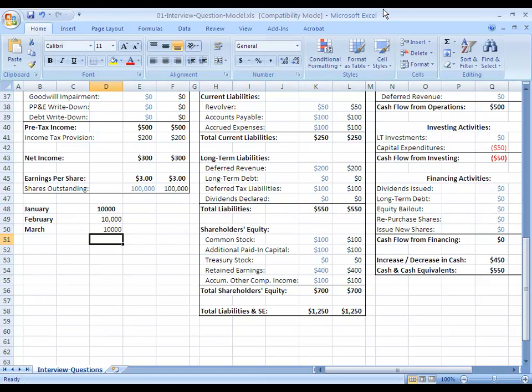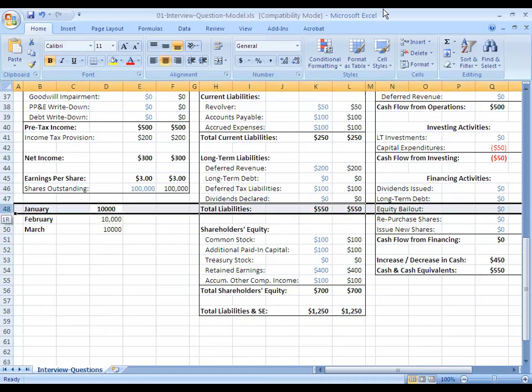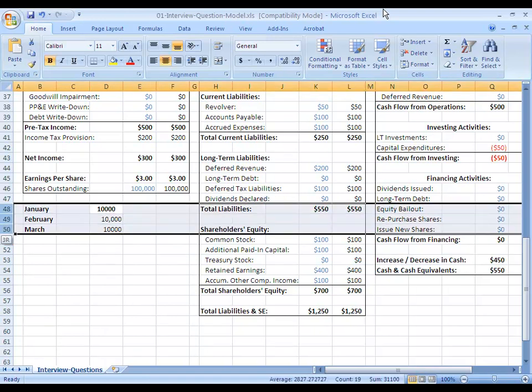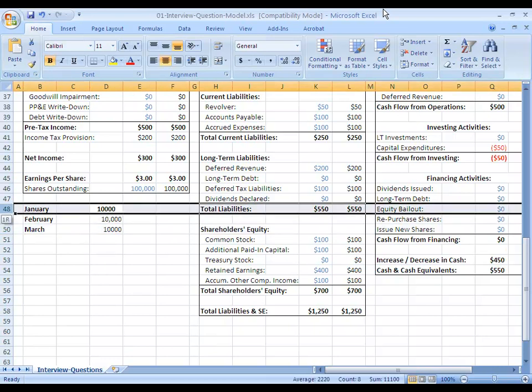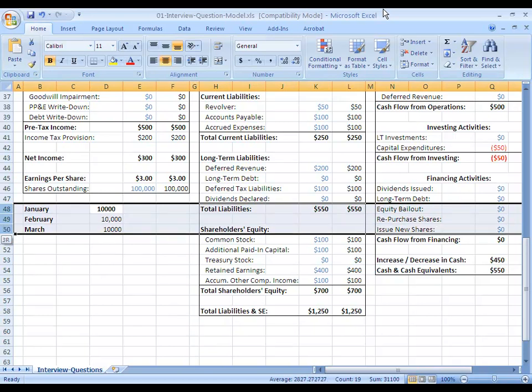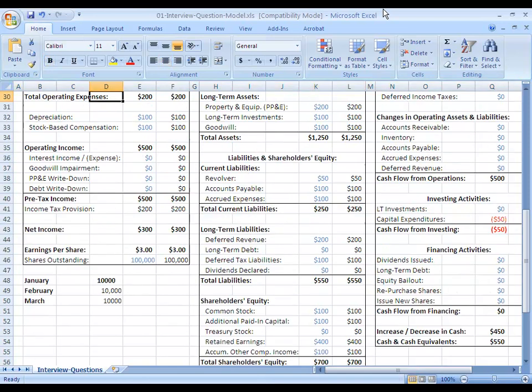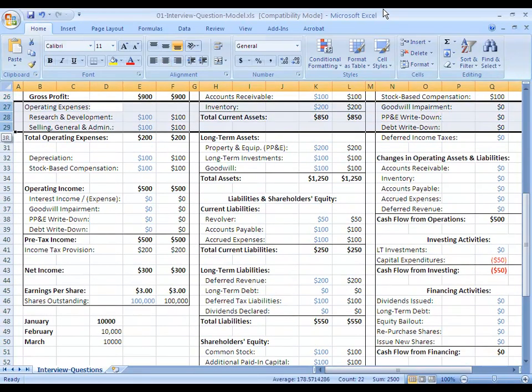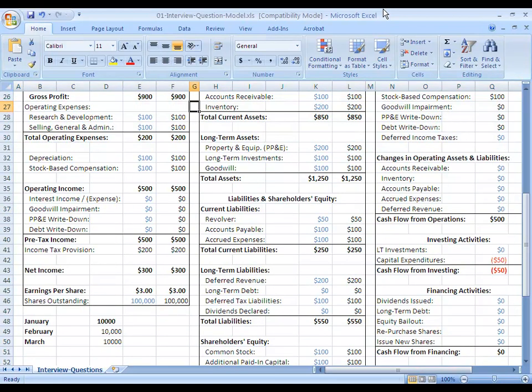Instead, we pay him in cash at the end of these 3 months. And we owe him $30,000 for this entire quarter. So what would happen here in accounting terms is that these expenses, the $10,000 in January, February, and then the $10,000 in March, for the income statements for January, February, and March, these would all show up as operating expenses on the income statement.